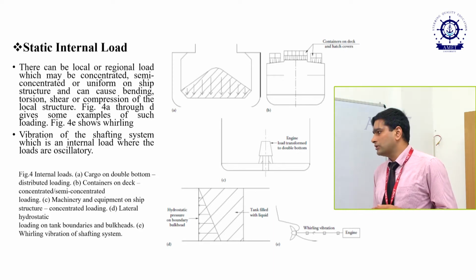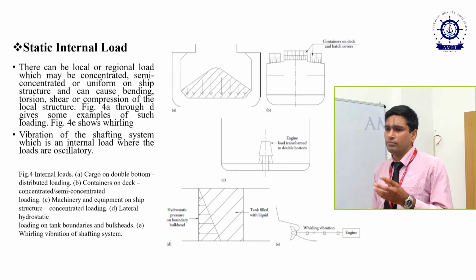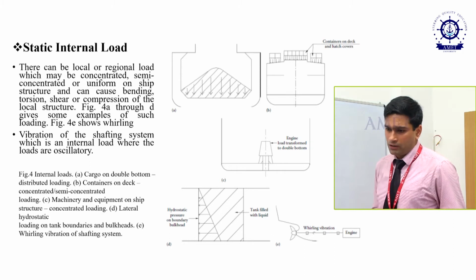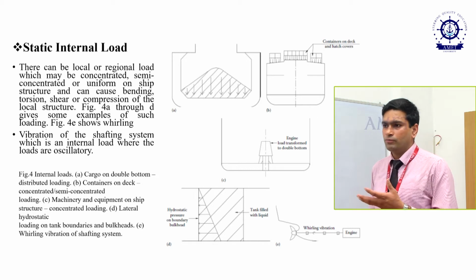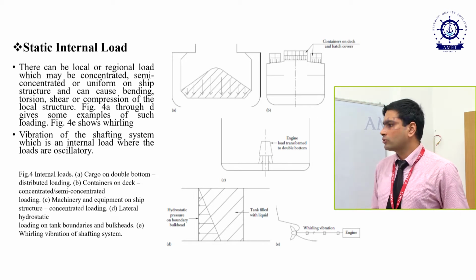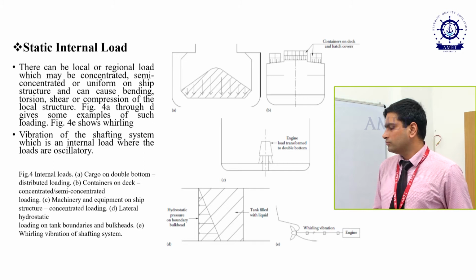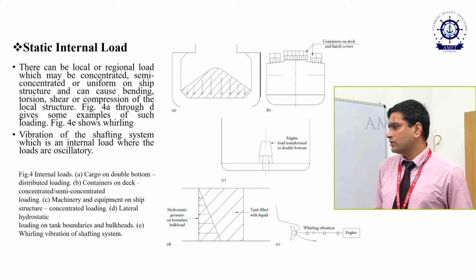It can damage the shaft alignment or the bearing which is supporting the propeller shaft in its role of transmitting the torque to the propeller. We can also say that the machinery and equipment of the ship are concentrated in a particular area of the ship, increasing the loads in those local areas.